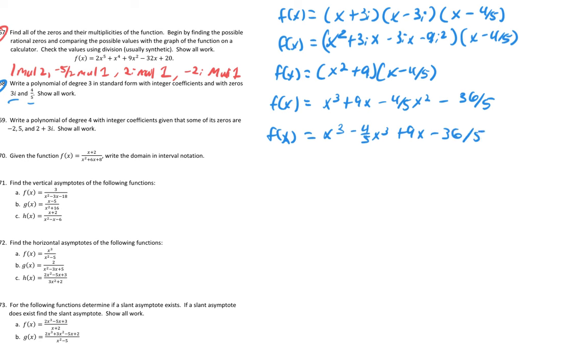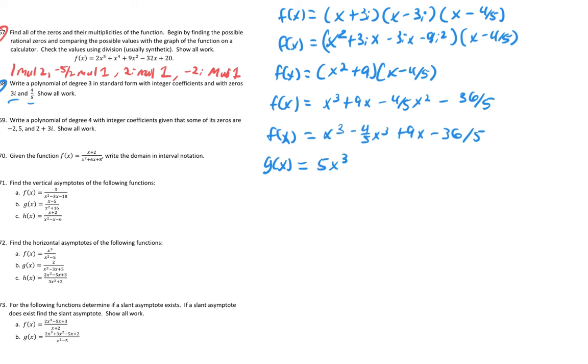Now it did ask for integer coefficients, so we're just going to have to multiply everything through by 5. This does not affect the zeros in any way. So even though I said we've been doing f of x is equal to, I'm going to switch the notation just so I'm mathematically consistent, but I'm going to multiply everything through by 5.